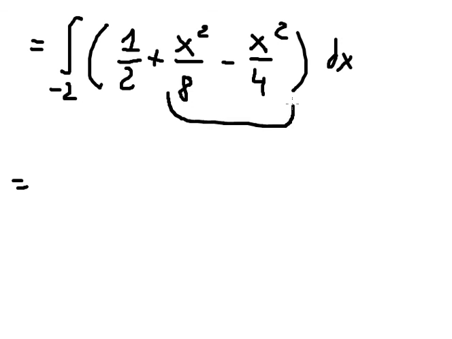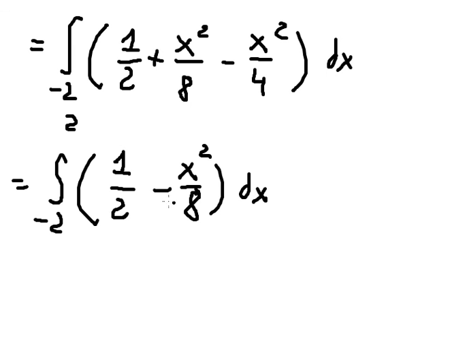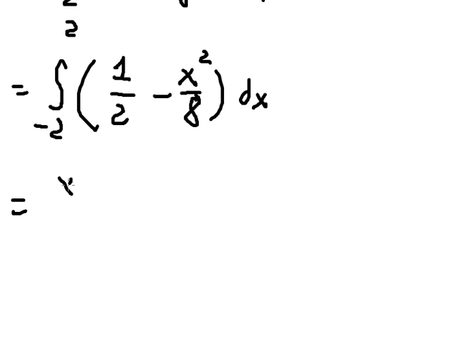Now we need to simplify this one. We have negative s squared over 8. The integration of this one, we have s over 2.